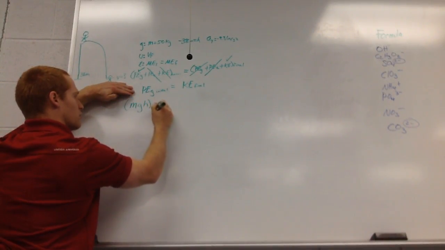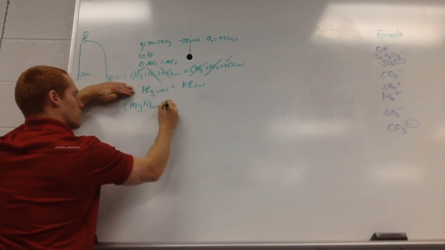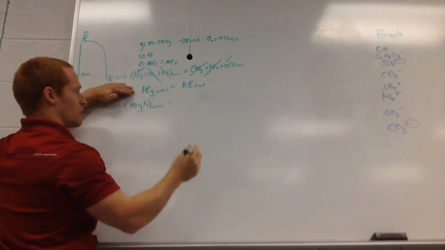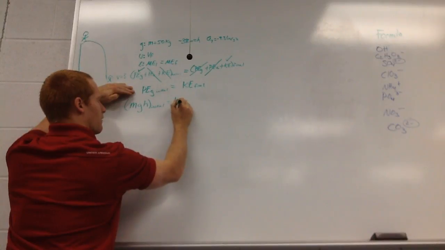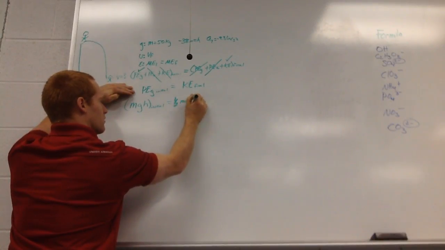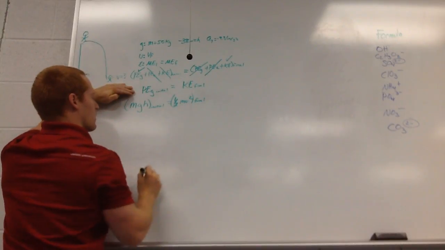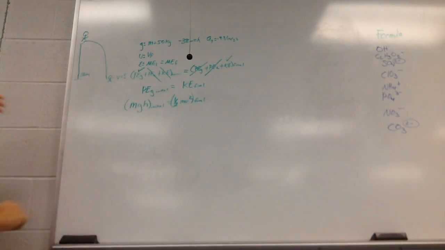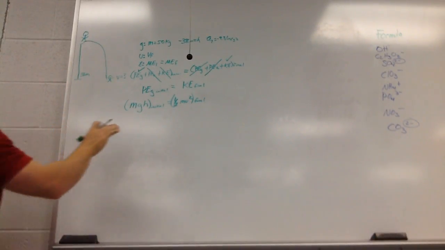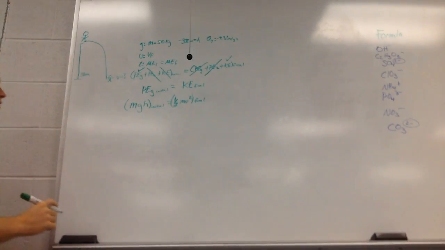Remember, this is your initial. And it's going to equal kinetic energy, which is equal to 1/2 mv squared. And this is going to be your final. So I'm going to use these 2 equations to solve for his final velocity.